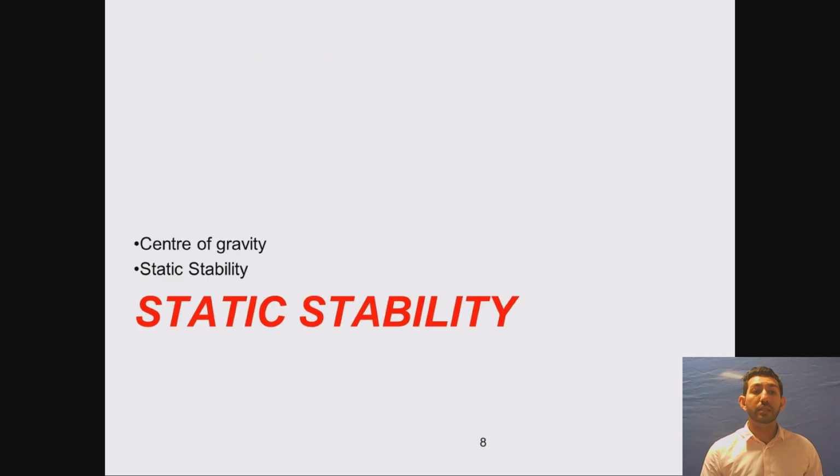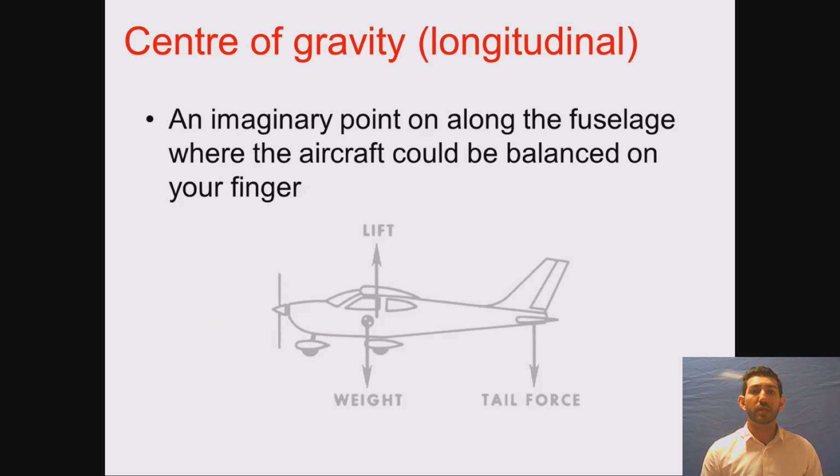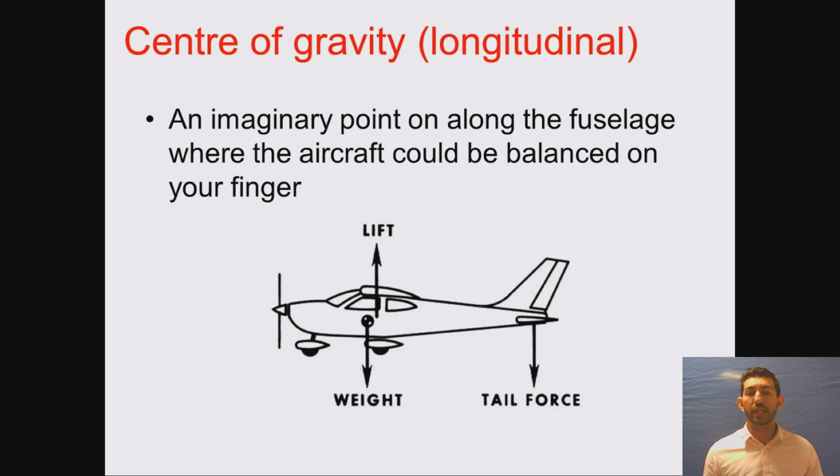Now, the center of gravity of an aircraft. Imagine you've got an aircraft. For longitudinal stability, you can take it that if you're able to balance the aircraft on just one finger, and I'm sort of cheating here, you can see that if you were to move it further forward, the aircraft would tip back.